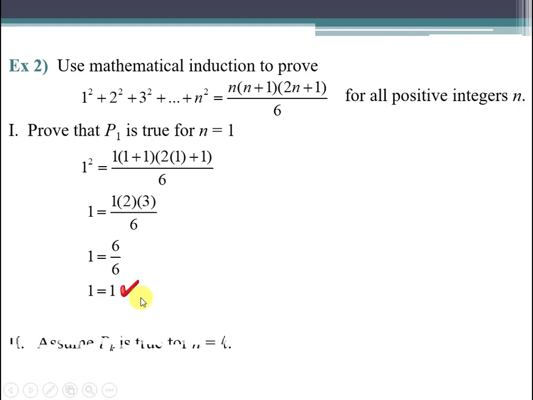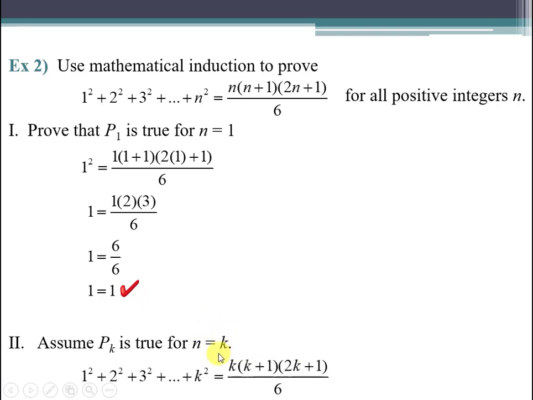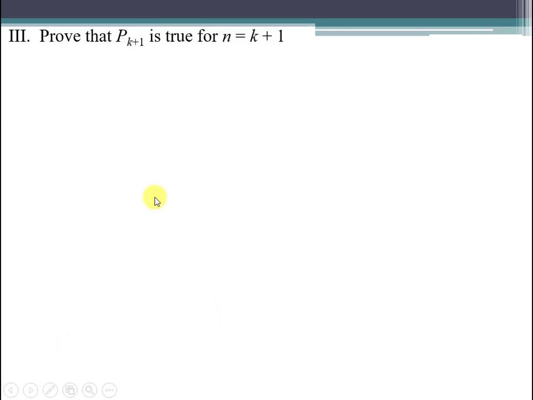This is true. And now the second step: assume P(k) is true for n equal to k. So we just rewrite our statement with k. Instead of n, we should put k. And then we will use this second step when we prove the third step. Okay, third step: prove that for the next one, P(k+1) is true for n equal to k+1.